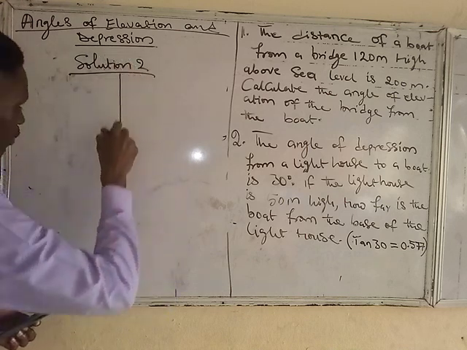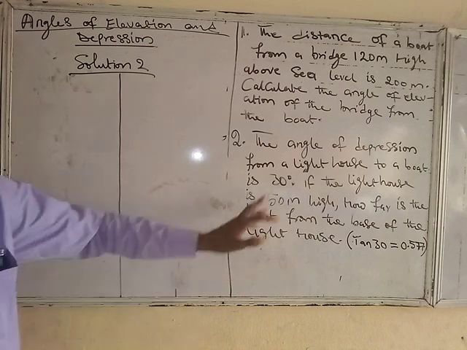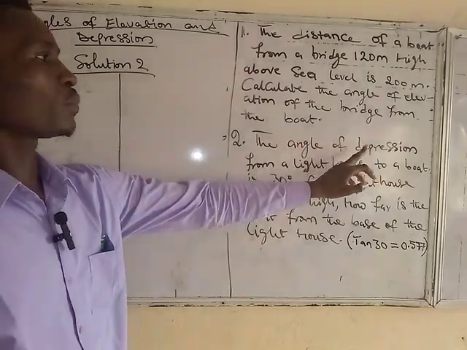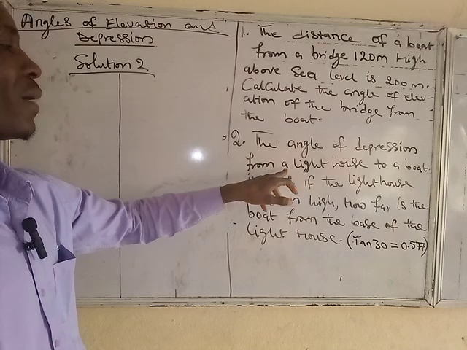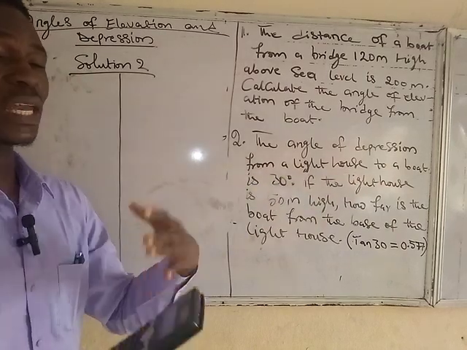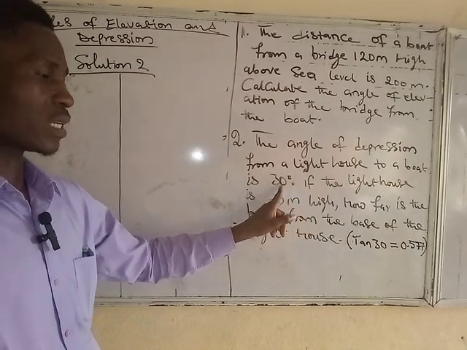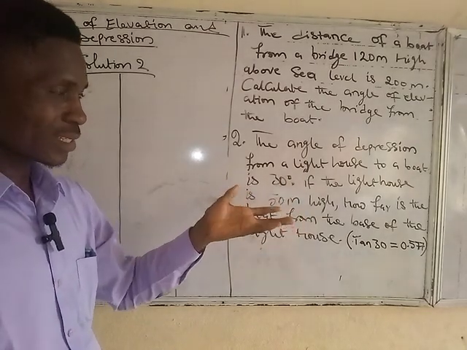Let's draw this to manage the board. It says the angle of depression from a lighthouse to a boat is 30 degrees. So here, the angle of depression was given. So what is the question?